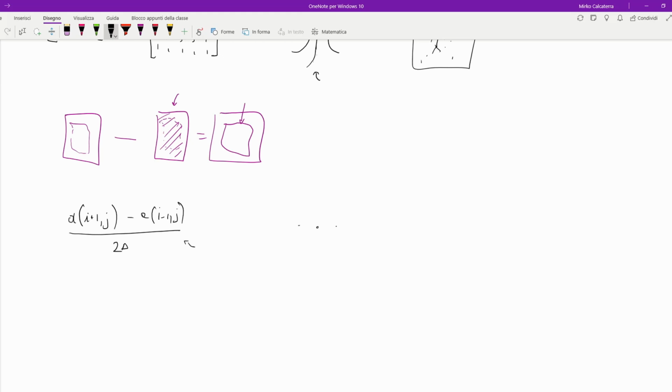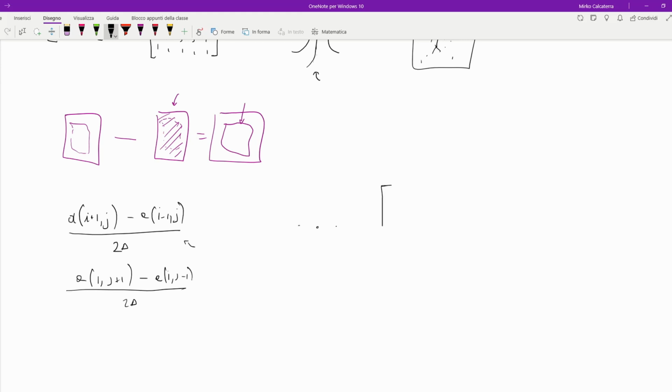Delta, as we said, is the dimension of the single pixel, and we compute the derivative in two directions, of course, in i and in j. So a(i, j+1) minus a(i, j-1), as always, over 2 delta, and we build the matrix.